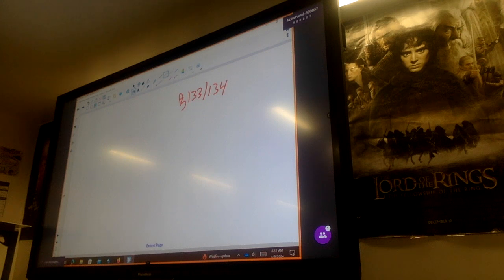Alright, problem number 1 on page 133, 134. It's talking about the categories of hurricanes, and we want to calculate the expected value. Help me out. Expected value was what?